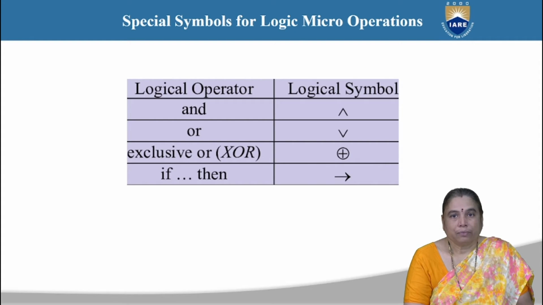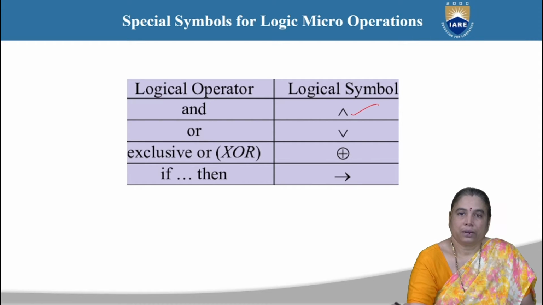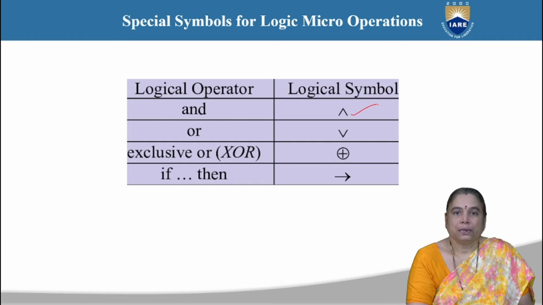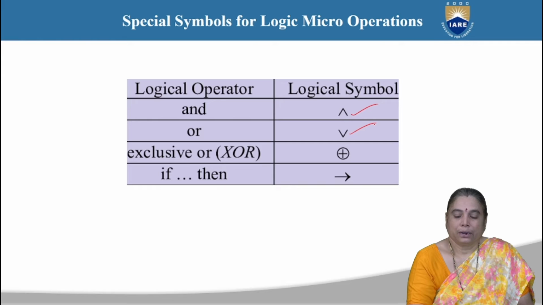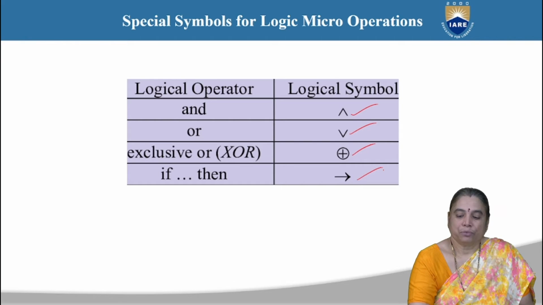The special symbols that can be used for these logic micro operations are: to represent the AND operation, the caret symbol; to represent the OR operation, the inverted caret symbol; the exclusive OR operation can be represented by a plus surrounded by a circle; and if-then can be represented with an arrow.